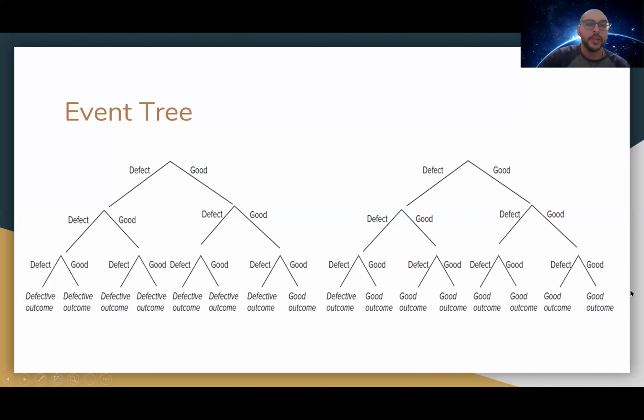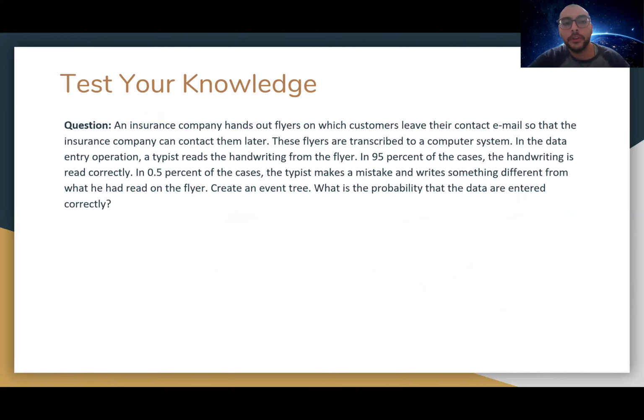And the book also provides a question so we could test our understanding of how binary trees work and how to calculate the amount of defective outcomes or the probability of defective outcomes. The question says, an insurance company hands out flyers on which customers leave their contact email so that the insurance company can contact them later.